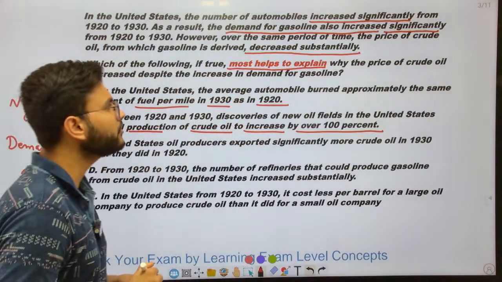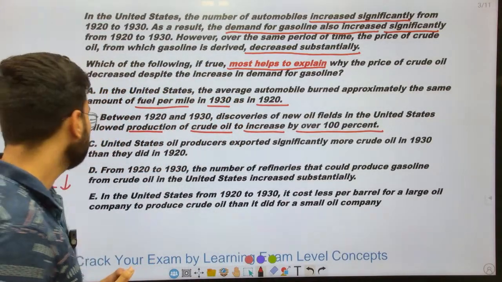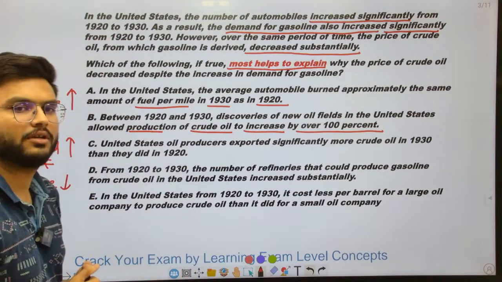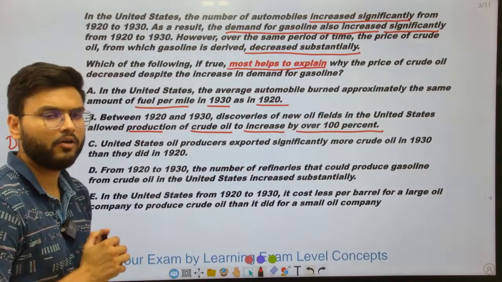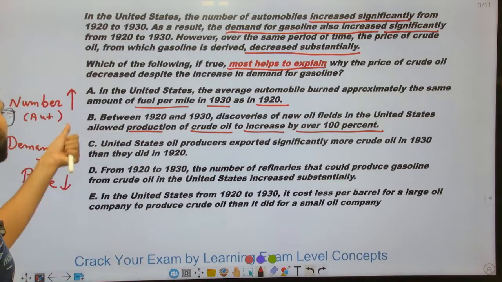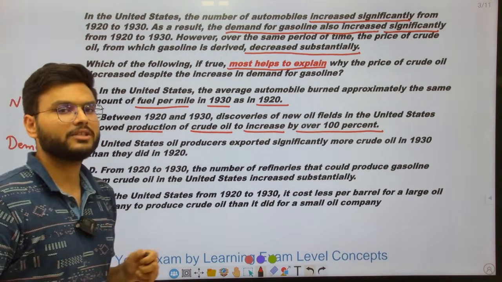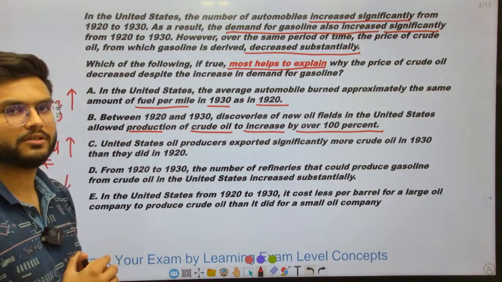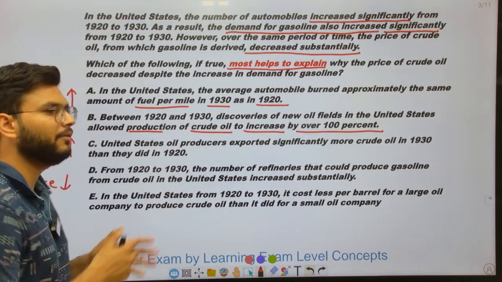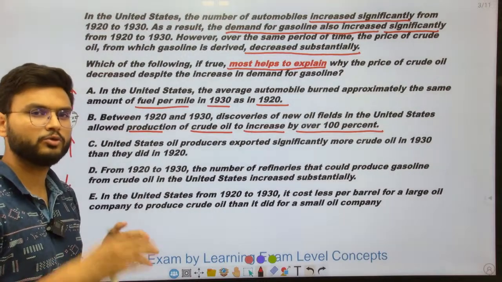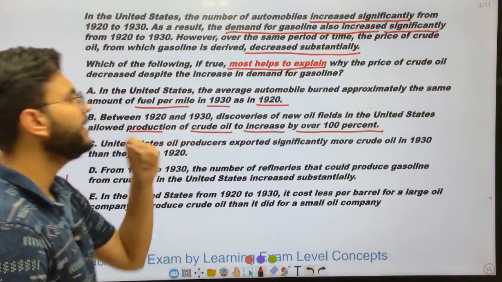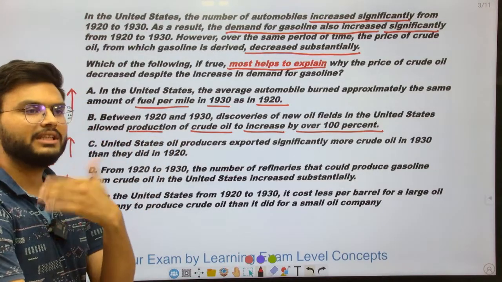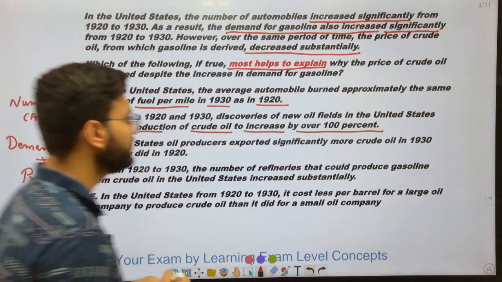Now this option choice tells me that you were saying demand is increasing, but what if, on the other hand, the production capacity has also increased? Earlier you were thinking that you had a limited number of refineries that used to produce the crude oil, but in this period of 1920 to 1930, we have seen discoveries of new oil fields.